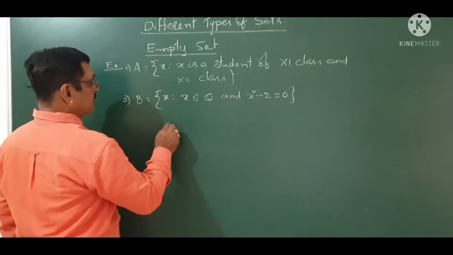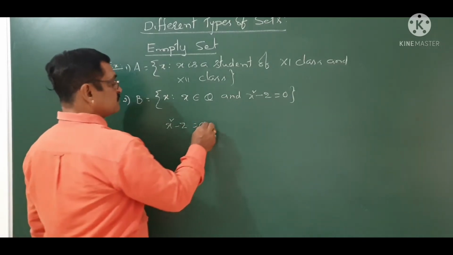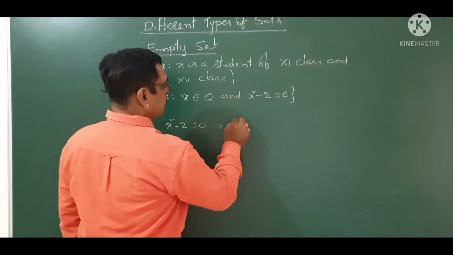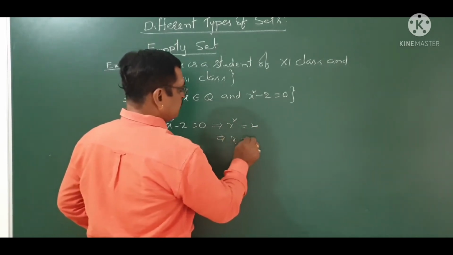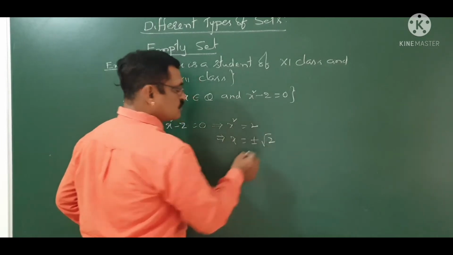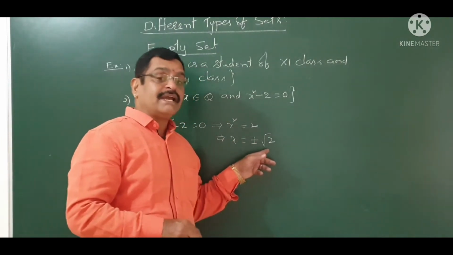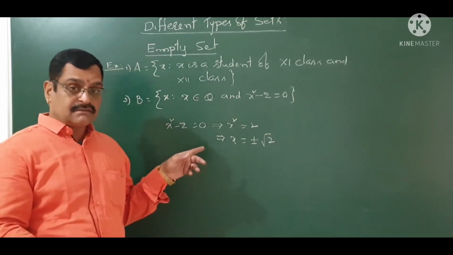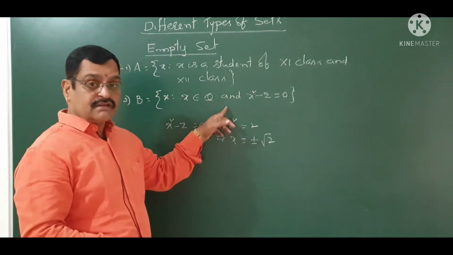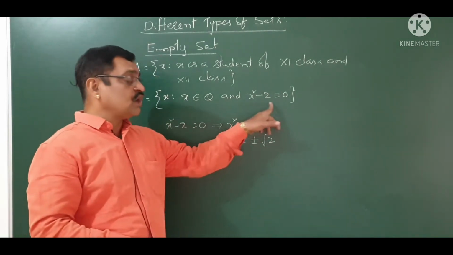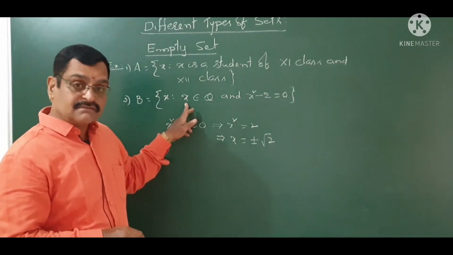Now, we know very well x square minus 2 is equal to 0. This implies x square is equal to 2. This implies x is equal to plus or minus root 2. Since root 2 is an irrational number, therefore root 2 cannot be an element of this set. That means in this set no elements. So this is also an empty set.